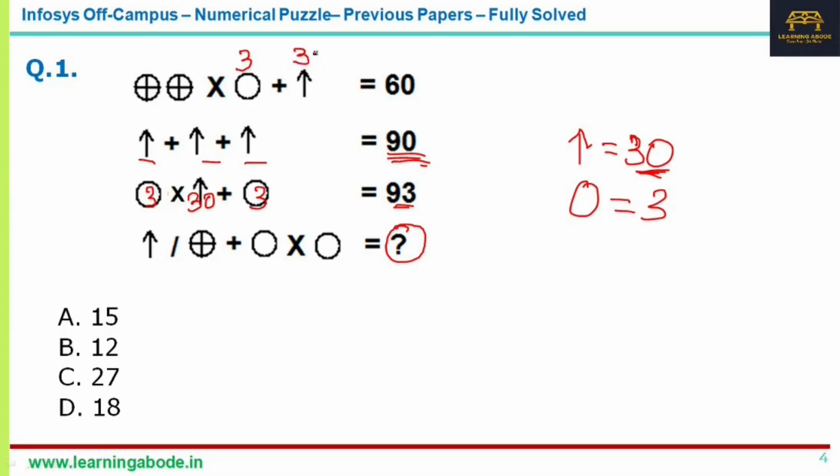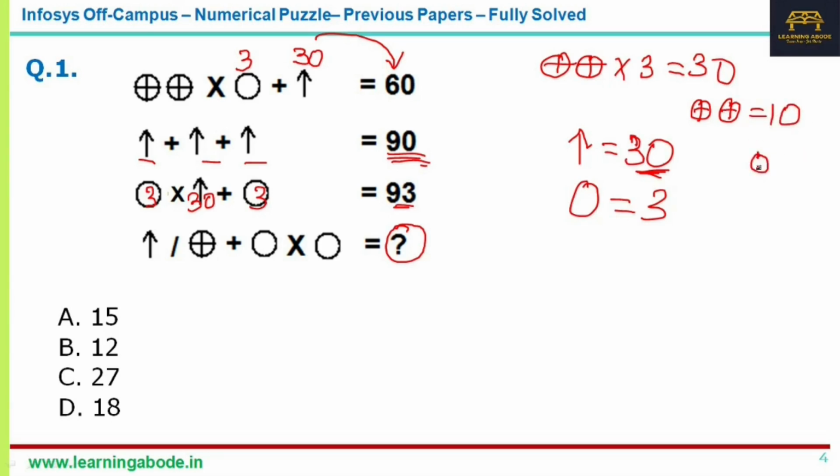The circle is 3 and the arrow is 30. So this is like 2x into 3 is equal to 30, because bringing the 30 across, 60 minus 30 becomes 30. So you get 2x is equal to 10, and so x is equal to 5.